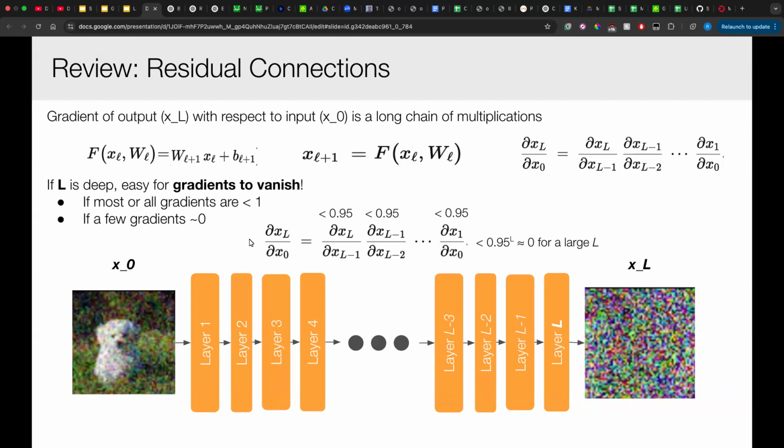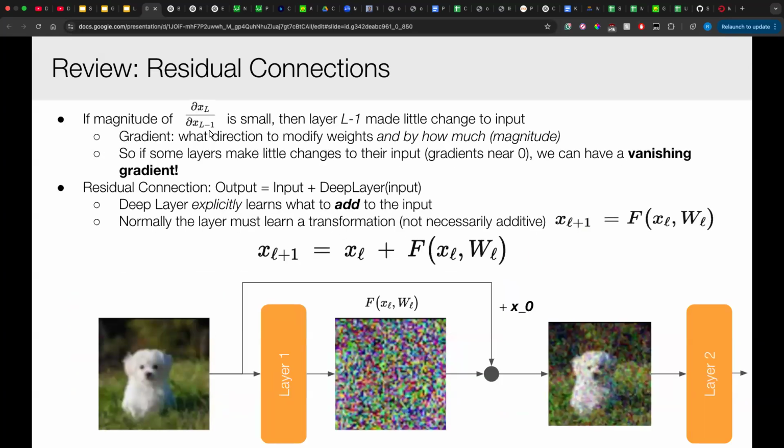Alternatively, we could just have a couple of gradients in this long chain that are close to 0 or 0, and that will also cause our entire gradient to vanish. So what does it really mean for the magnitude of a gradient to be very small at some layer? Conceptually, that means our layer, like layer 1, for example, isn't really modifying the output very much.